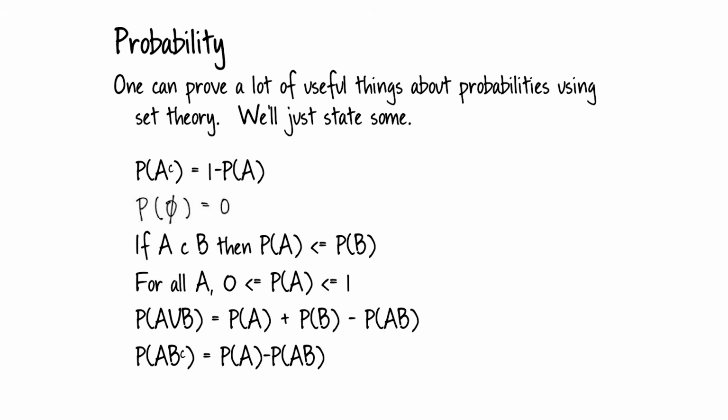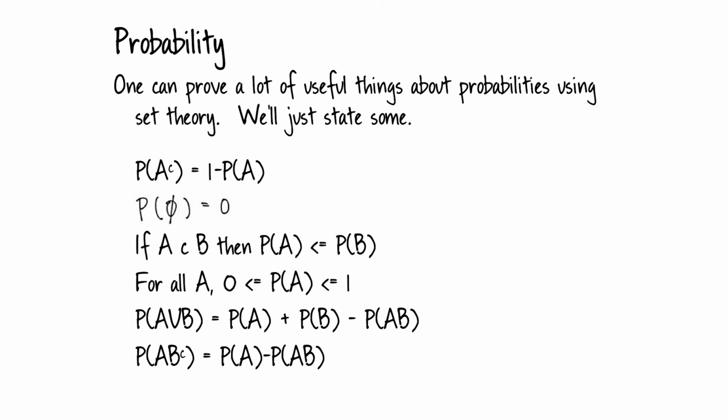I'll mention a couple of them quickly. First of all, and we'll use this in an example either today or next, probably today: the probability of A complement, the event that contains all of the outcomes that are not in event A, is equal to 1 minus the probability of A. Why is that useful?